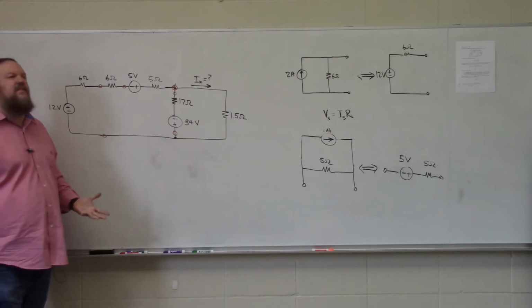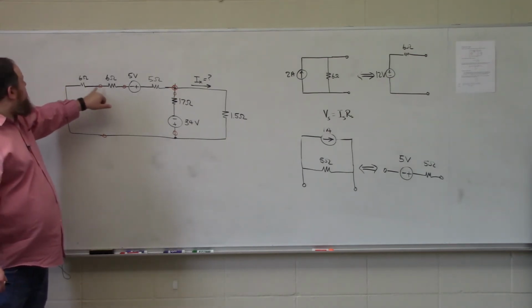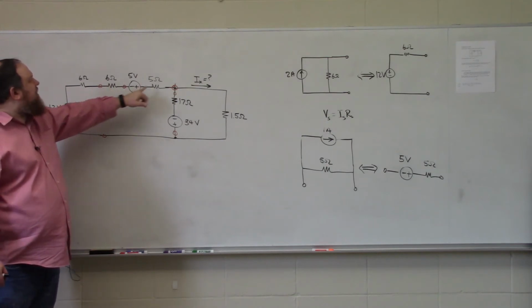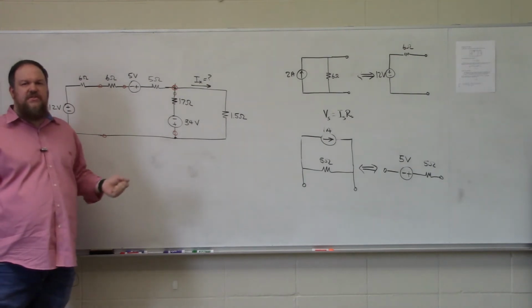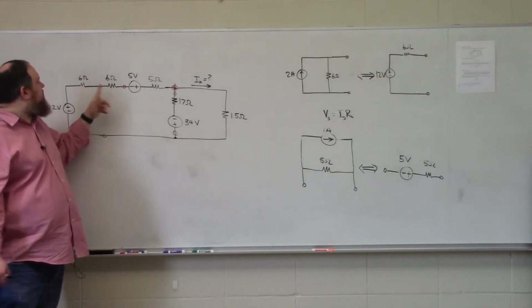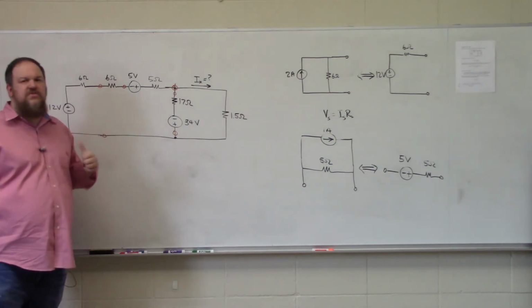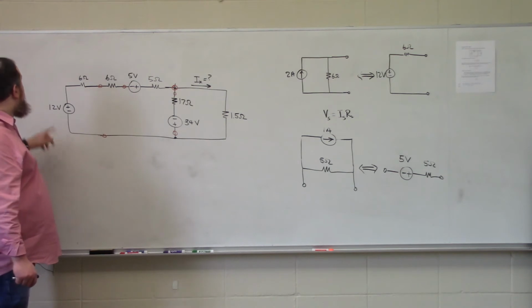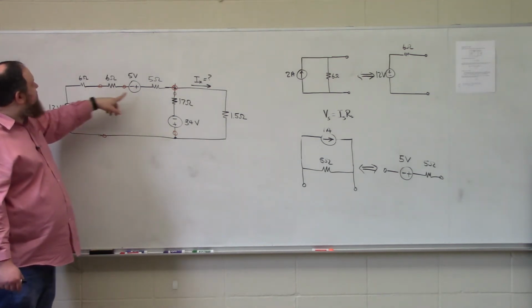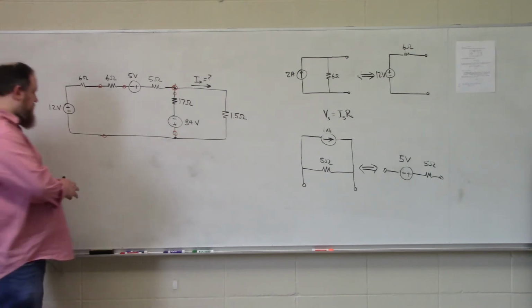Vastly simplifying things. But also notice I have a 6 ohm resistor in series with a 6 ohm resistor in series with a 5 ohm resistor. So I could replace these 3 resistors with one. 6 plus 6 is 12, plus 5 is 17. So I could replace these 3 resistors with a 17 ohm resistor. And I could replace this 12 volt source in series with this 5 volt source with a 17 volt source. So I'm going to go ahead and do that.